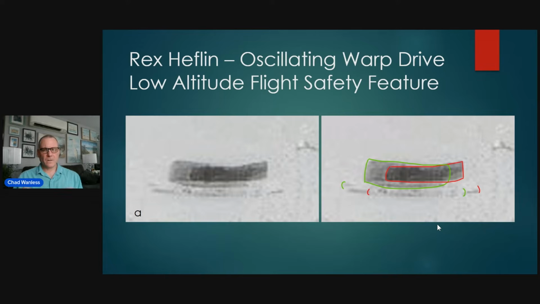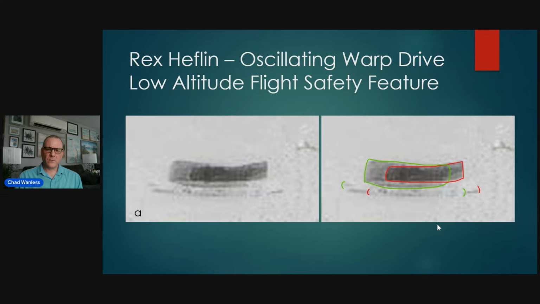Now, I know there was oscillation going on here because in the 3rd photo, it's not a duplicate. It looks like a double exposure, but it was a Polaroid camera, which is not capable of creating double exposures.